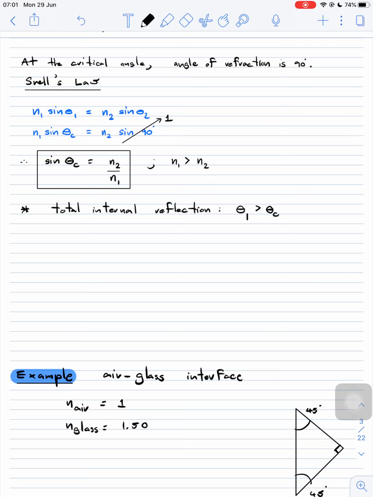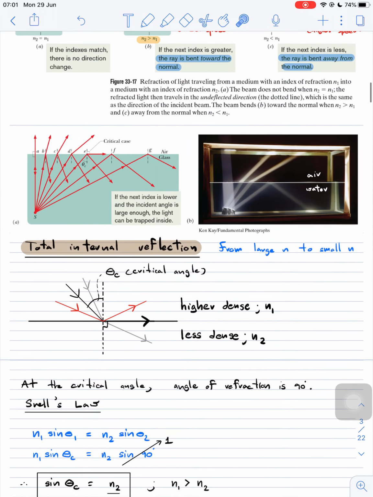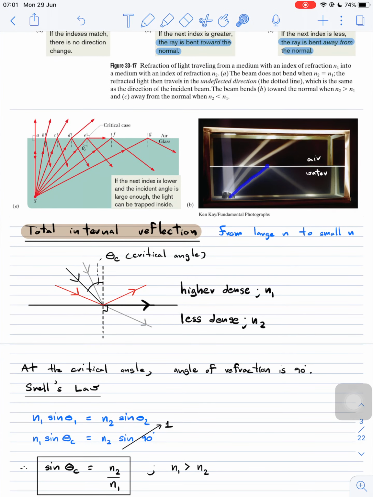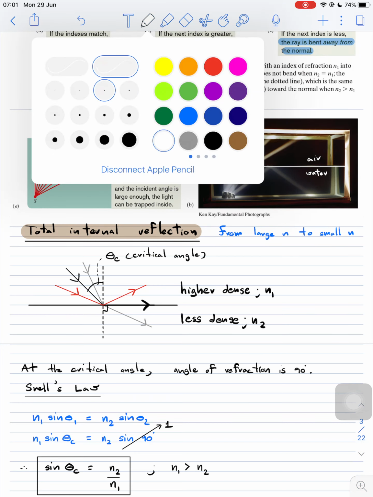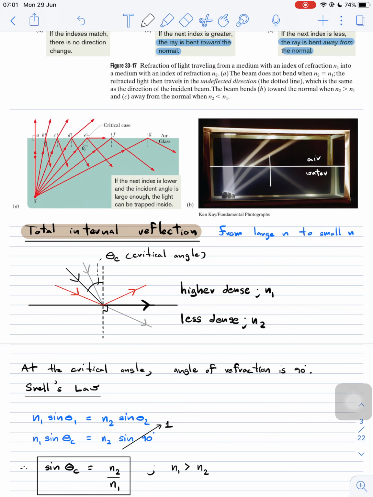That's the condition for total internal reflection. For example, in this case, this will be the normal line, and this angle theta 1 is greater than the critical angle, so it encounters total internal reflection.